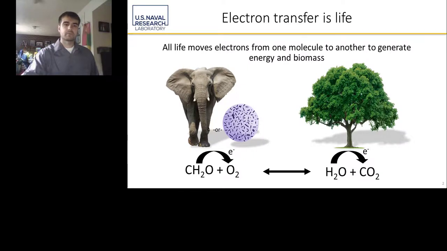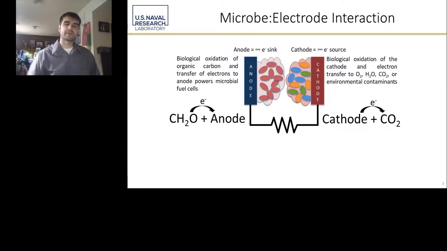The reason that we're interested in this today is because there are some bacteria that are able to use extracellular electron donors or electron acceptors. In our case, we use oxygen as an electron acceptor, and that's something that we breathe in and it gets inside of our cells, and that's an internal electron acceptor.